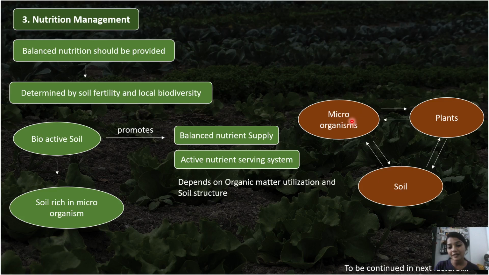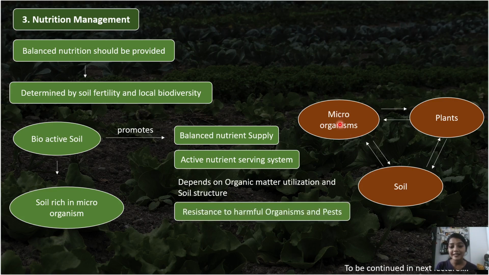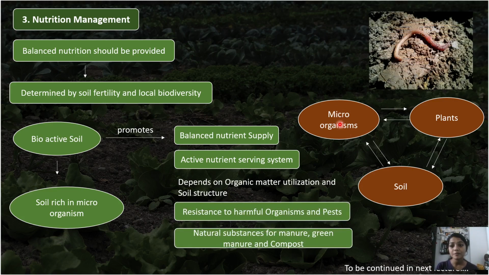These microorganisms are also mutually related to the plants. Plants obtain their nutrients from the microorganisms, and this way this is a reversible triangle system. Therefore, for nutrition management in organic farming, the soil should be very healthy, rich in microorganisms. A soil that is rich in microorganisms will ultimately help the plant in growing better.